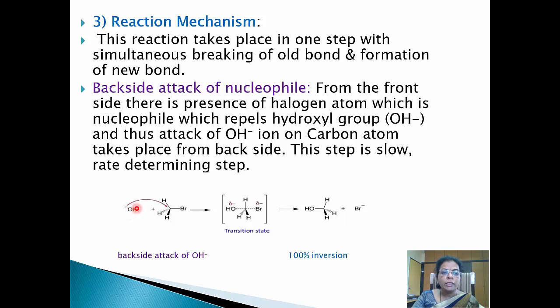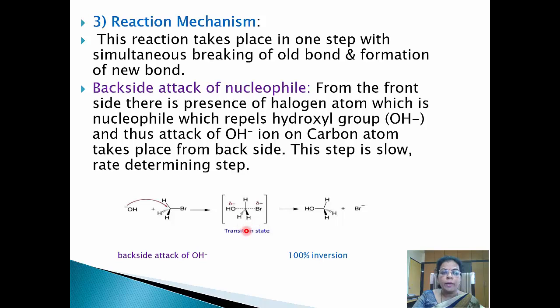When the OH- ion comes towards the carbon atom, the formation of the C-OH bond starts and the breaking of the C-Br bond starts simultaneously, and a transition state is observed. In the transition state, the carbon atom is bonded to 3 hydrogen atoms, 1 hydroxy group and 1 Br atom.